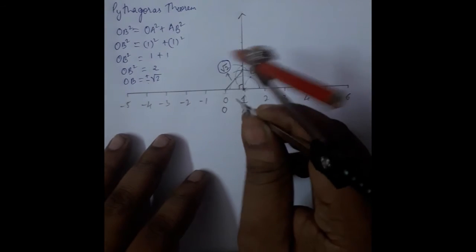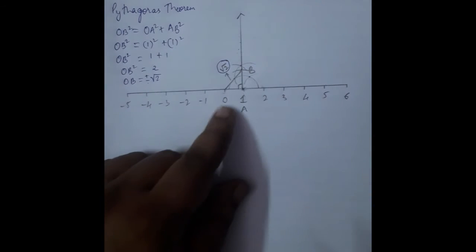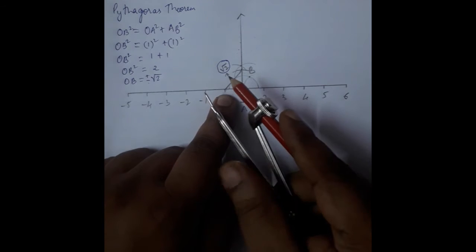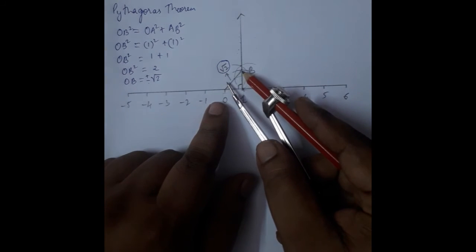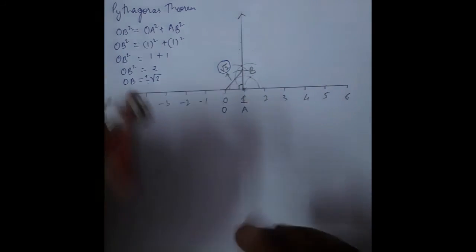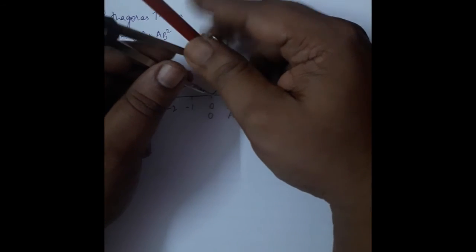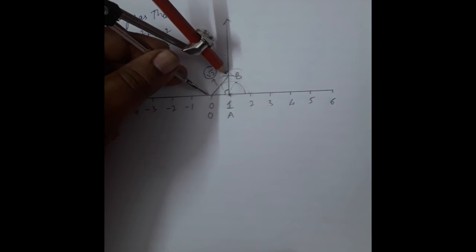All we need to do is keep our pointer at this point, and measure from here to here with the compass.